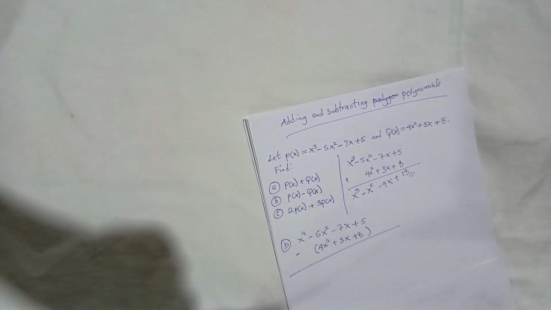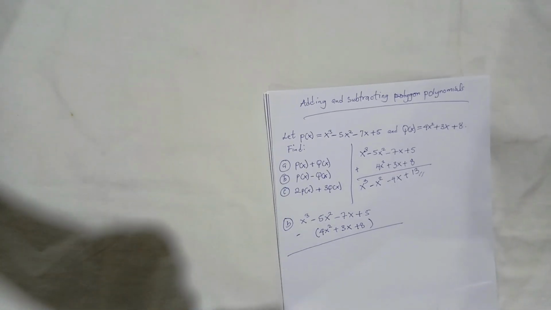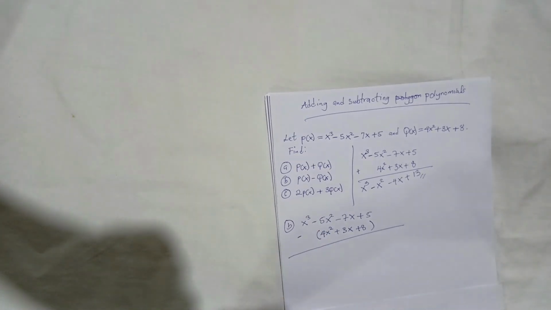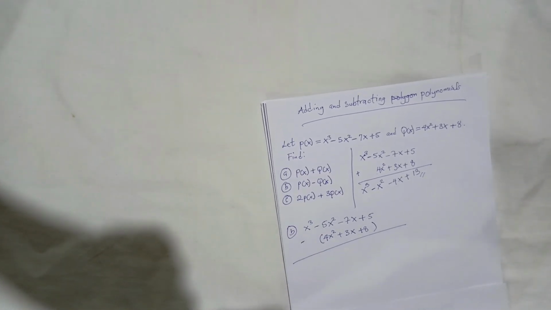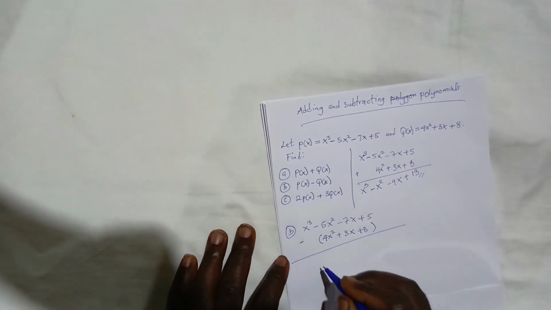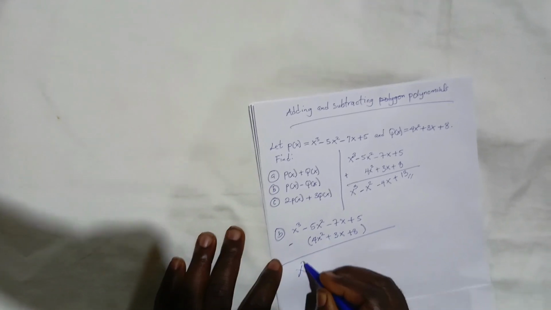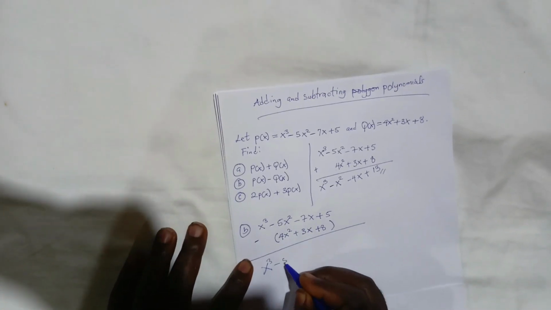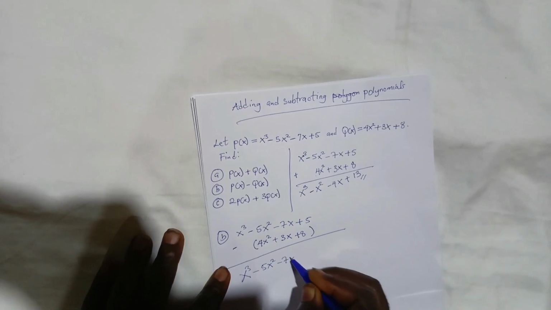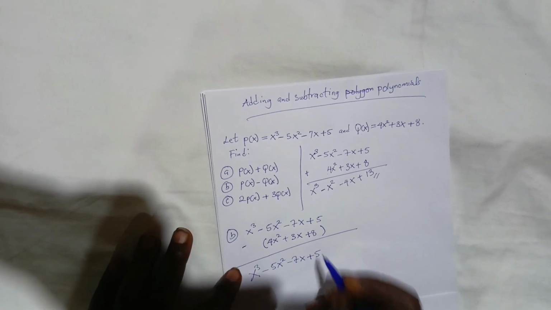Before subtracting, we have to apply the negative here. So we write the same thing down so that we can apply the negative, because whenever a negative is multiplied by another sign, it changes the sign. So we're going to have x cubed minus 5x squared minus 7x plus 5.